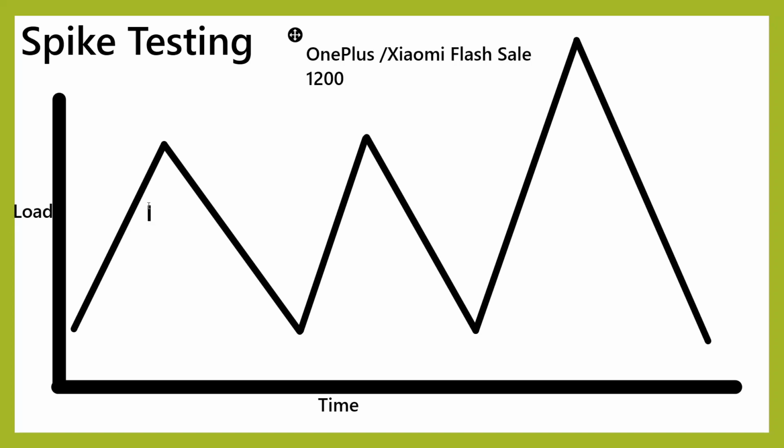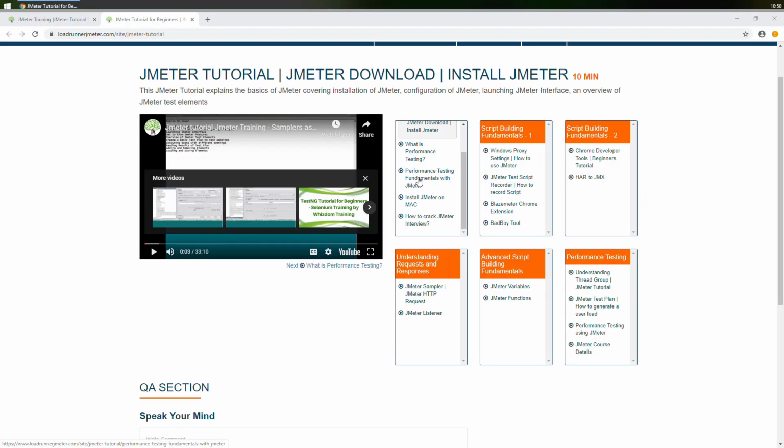Thank you. Now in this series, we'll be learning about performance testing fundamentals with JMeter in the next video. Then we'll learn how we can install JMeter on Macintosh machines as well. Some of you might be using JMeter on Macintosh. Then we'll get to know how we can crack a JMeter interview, right?